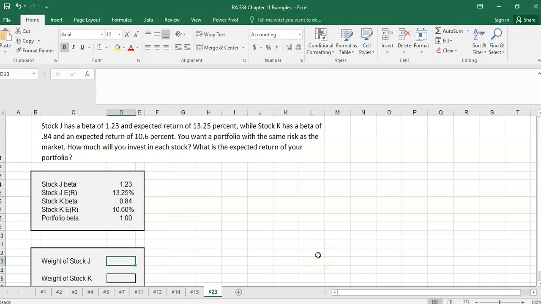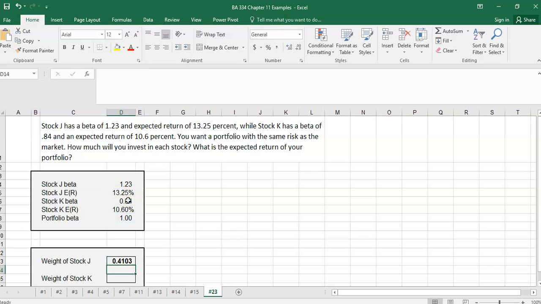So the weight of stock J is the portfolio beta minus stock K beta divided by the difference between J and K. So J minus K. You can see this is similar to the first couple of examples that we did when we were calculating the weight.